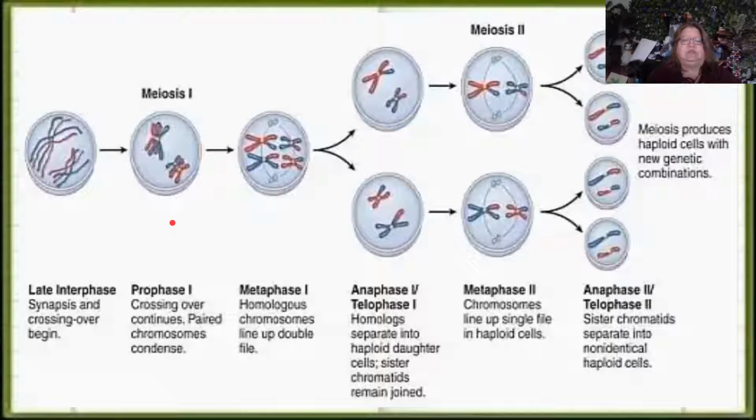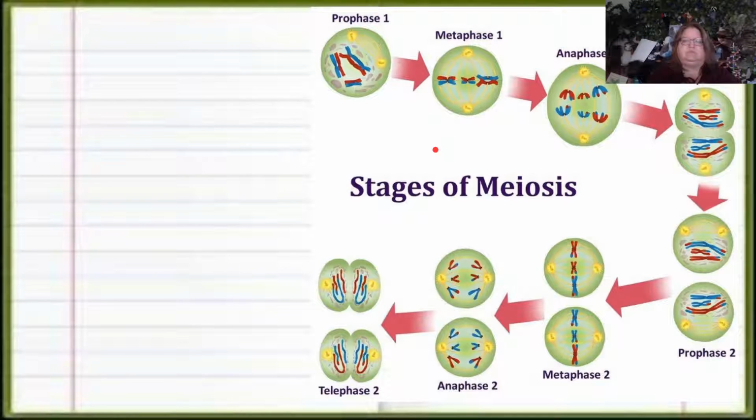And you'll see it in the diagrams. So notice we have two stages of meiosis, meiosis 1 and meiosis 2.